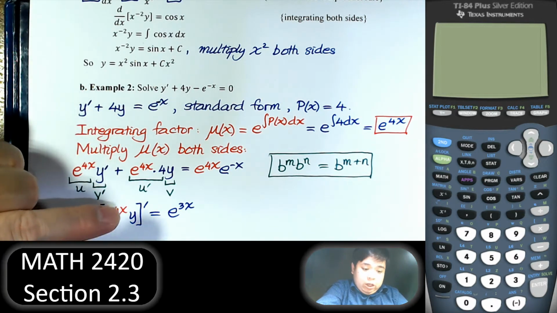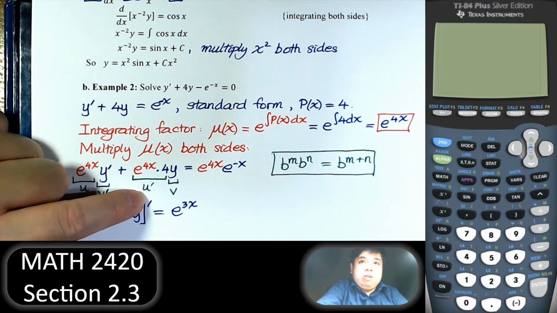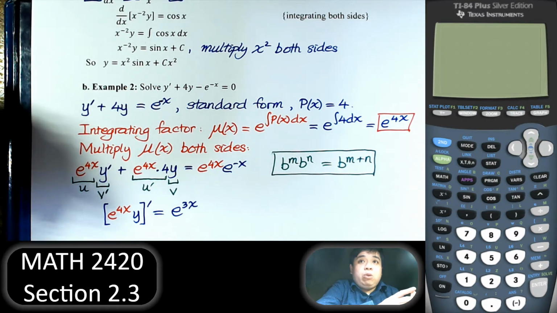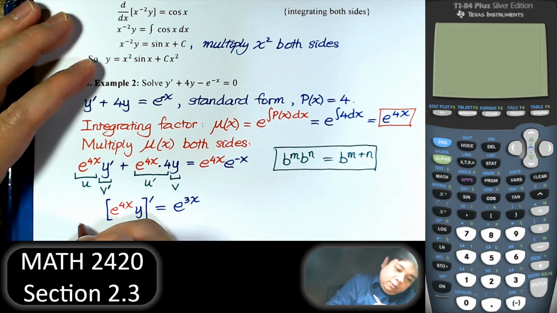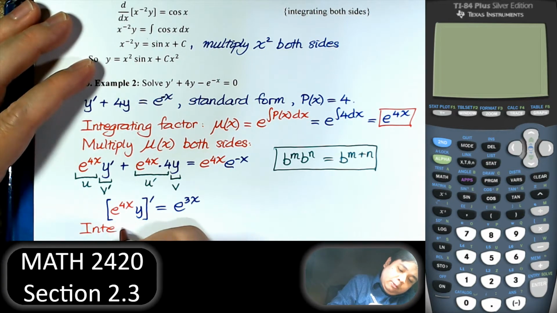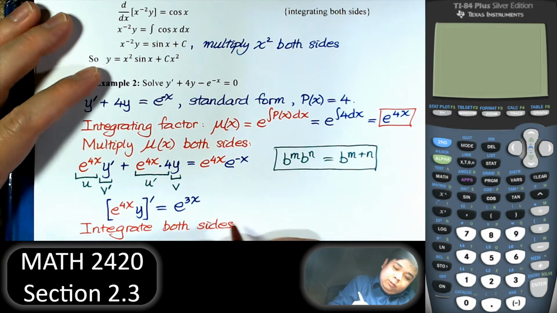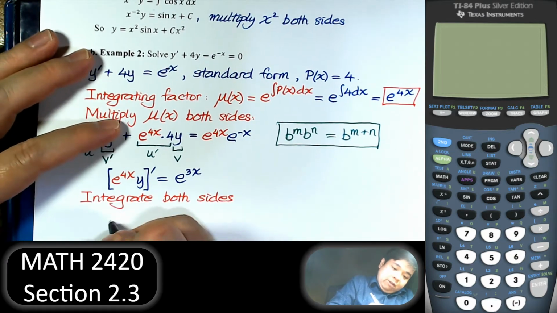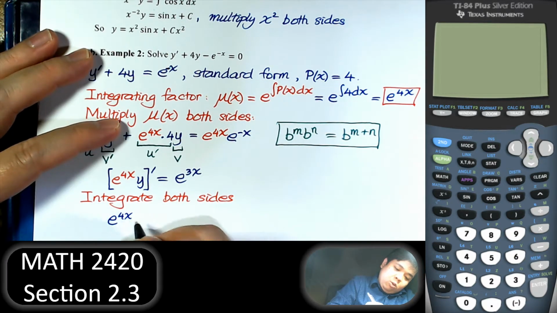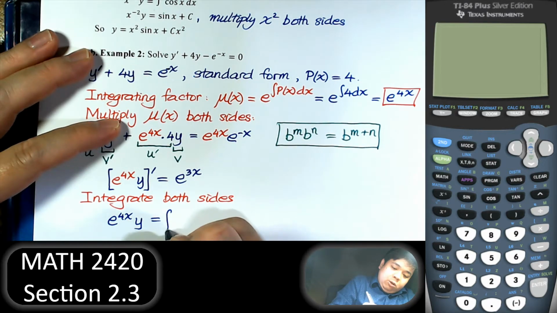Now, if we want to get rid of the derivative, that is the antiderivative, so we integrate both sides. So we integrate, we undo the derivative. So the left hand side is just e to the 4x times y, and the integral of e to the 3x dx.